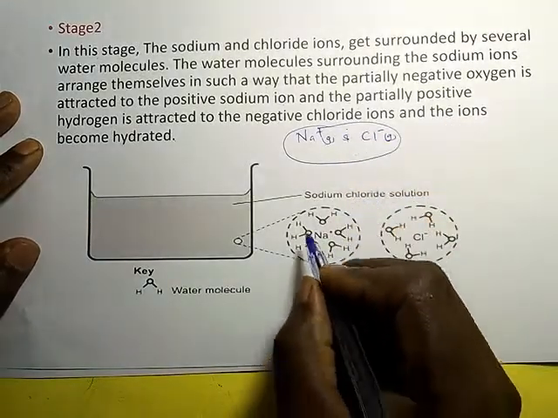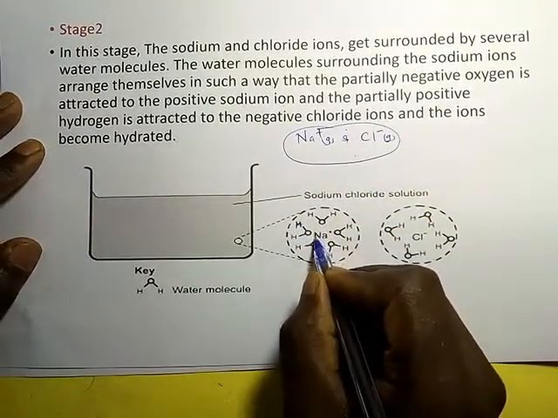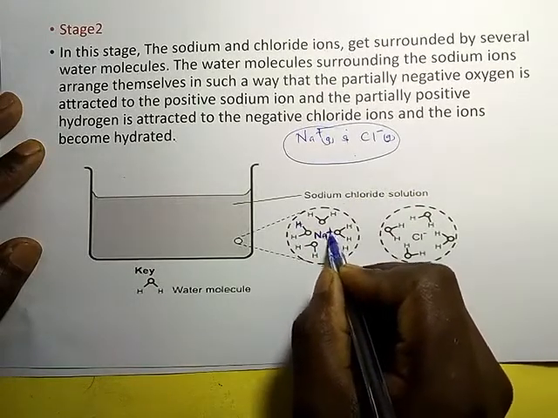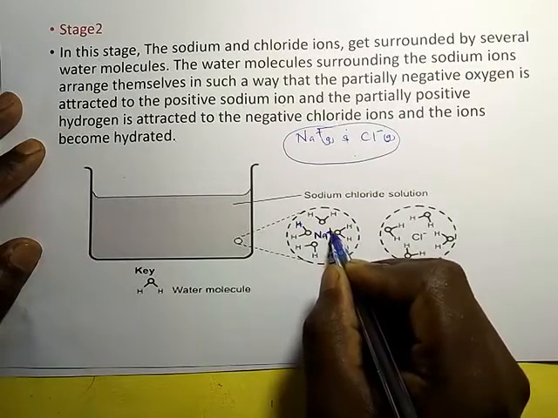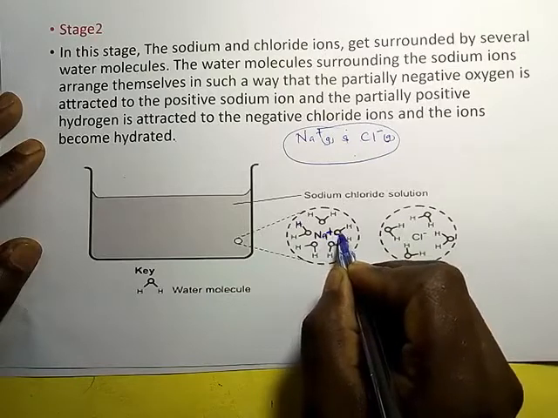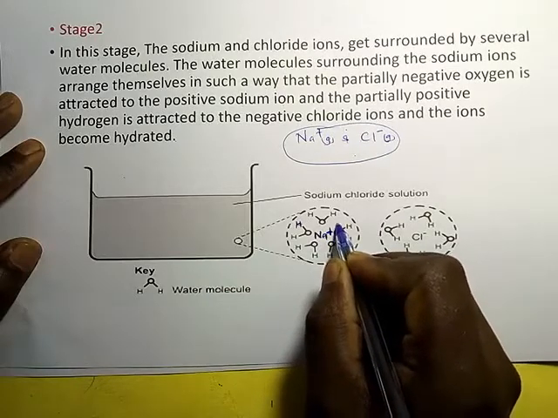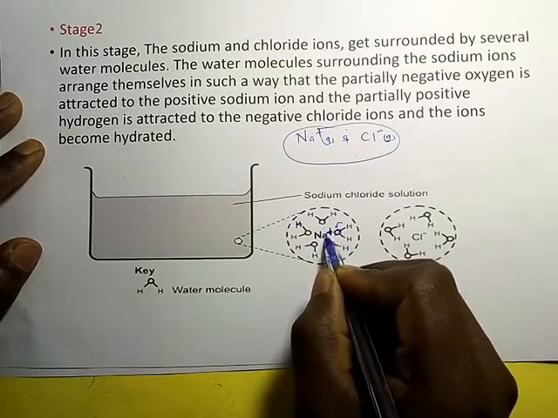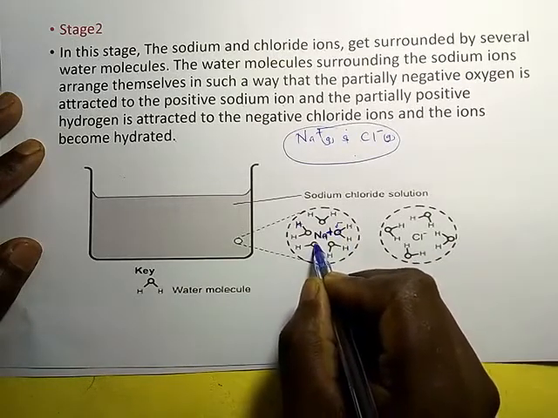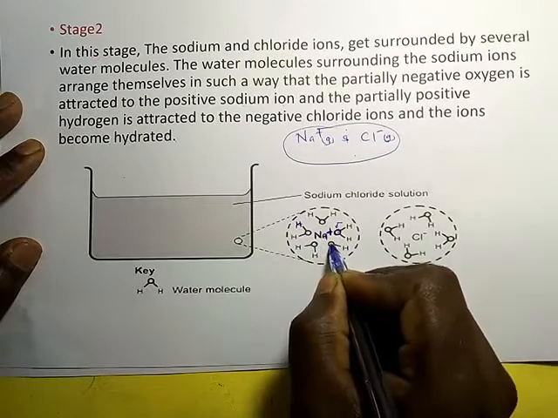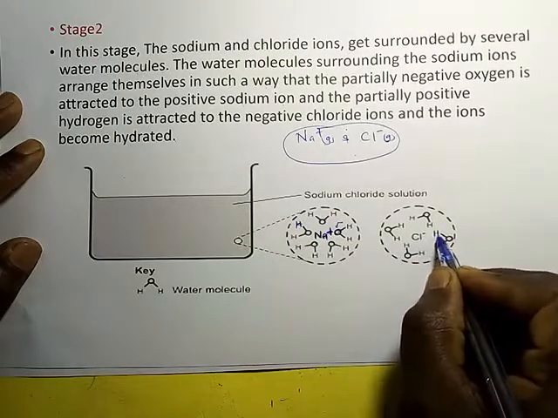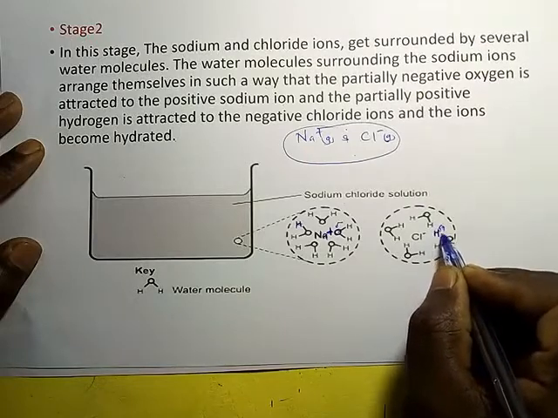So they are surrounded in such a way that the sodium ion, which is positively charged, arranges itself so it is attracted to the oxygen, which is partially negative. Remember, oxygen is negative and the sodium is positive, so these charges attract one another. So you can see it is oxygen, sodium, oxygen, sodium. The chloride ion is surrounded by the partially positive hydrogen.